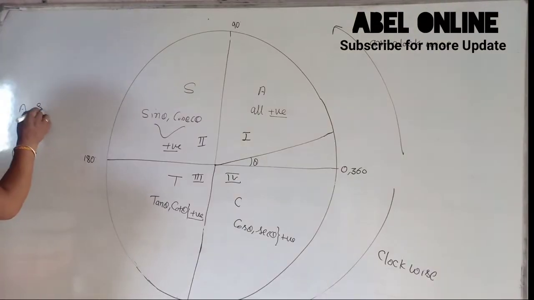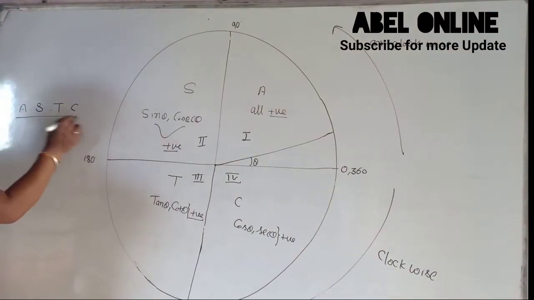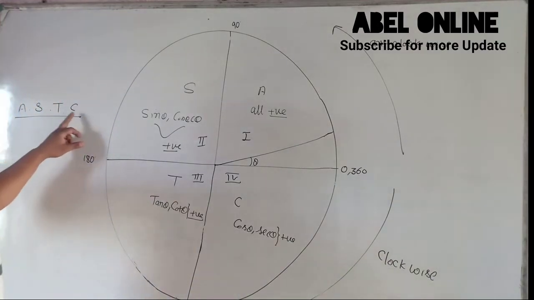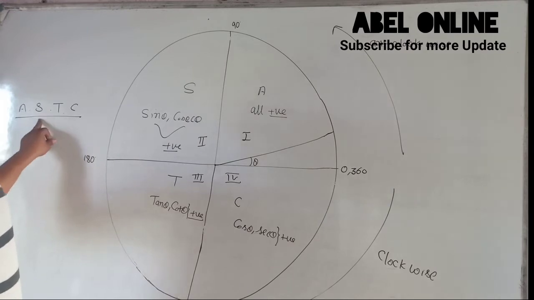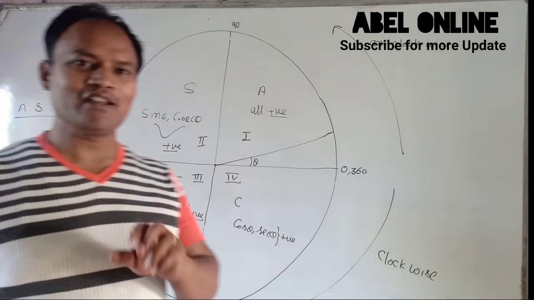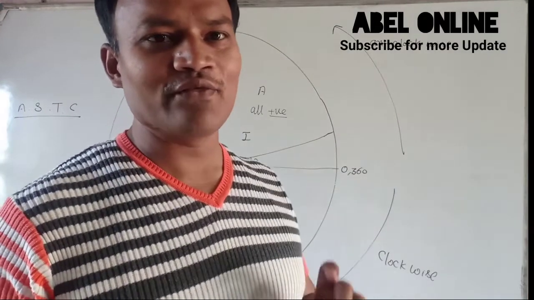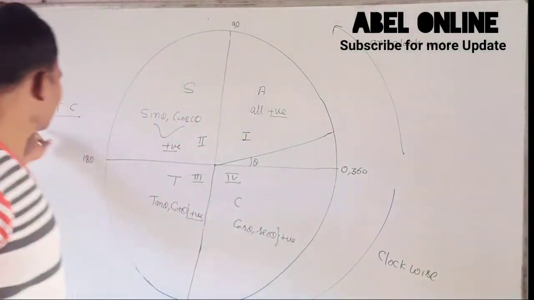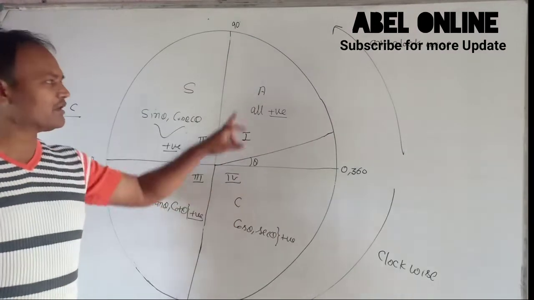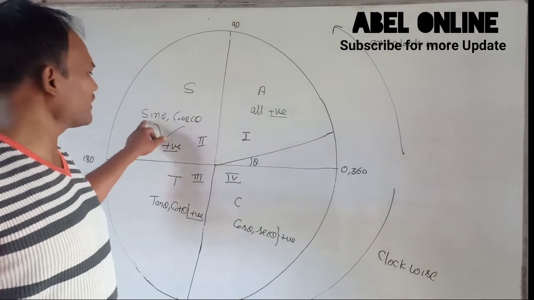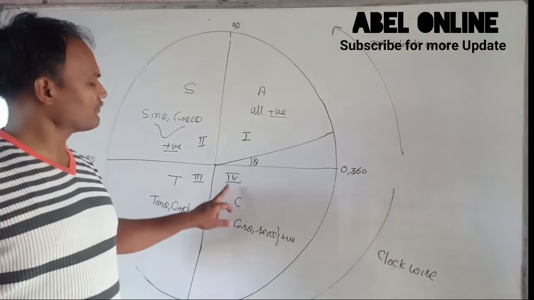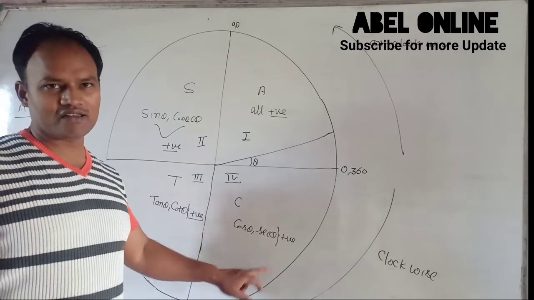This is the ASTC, and there is also a trick: All Students Take Care. So all students should take care of themselves. This is the trick to learn ASTC. A means all positive, S means sine and cosec are positive, T means tan and cot are positive, and C means cos and sec are positive.